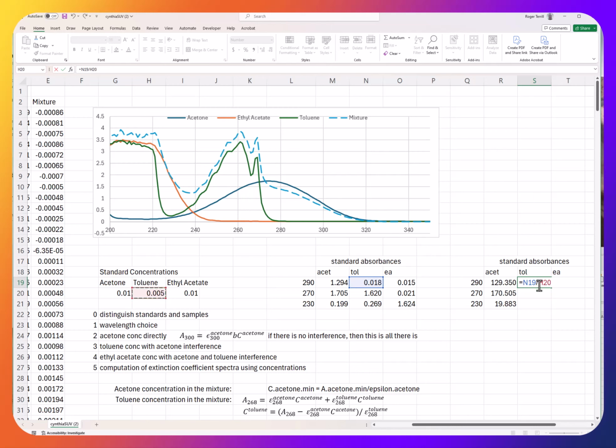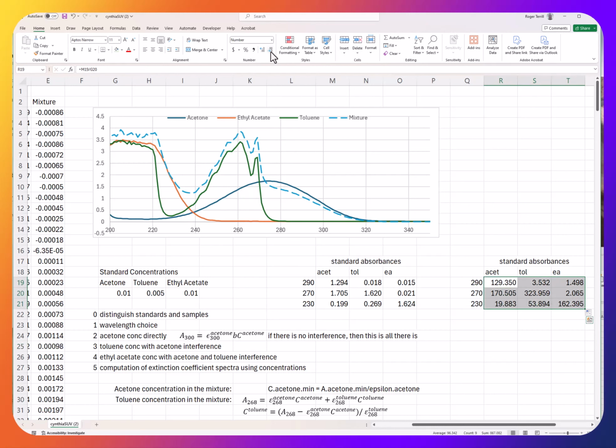If I just put the dollar signs there, I can pull this down safely, I believe, right? And this guy will equal this divided by this, and we'll put some dollar signs here. Pull that down.